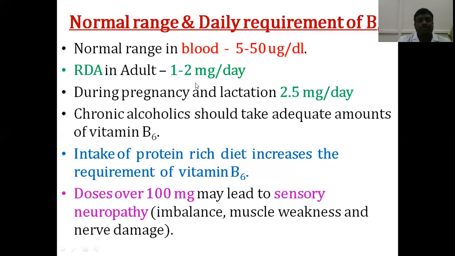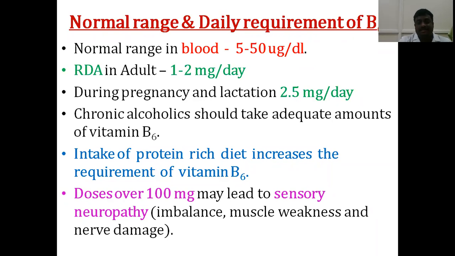Some amount is increased in lactating and pregnant women, around 2.5 milligrams per day. In normal persons, 5 to 50 micrograms is present in the blood, with an intake of 1 to 2 milligrams per day. But pregnant and lactating women require a little bit more, 2.5 milligrams.